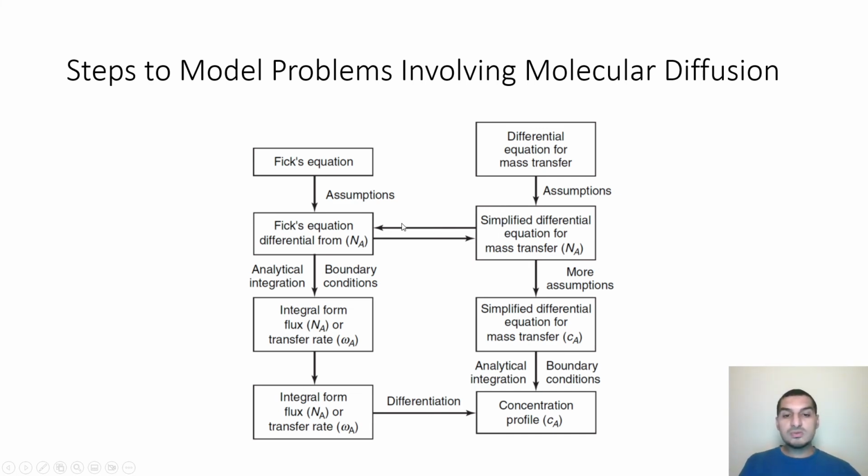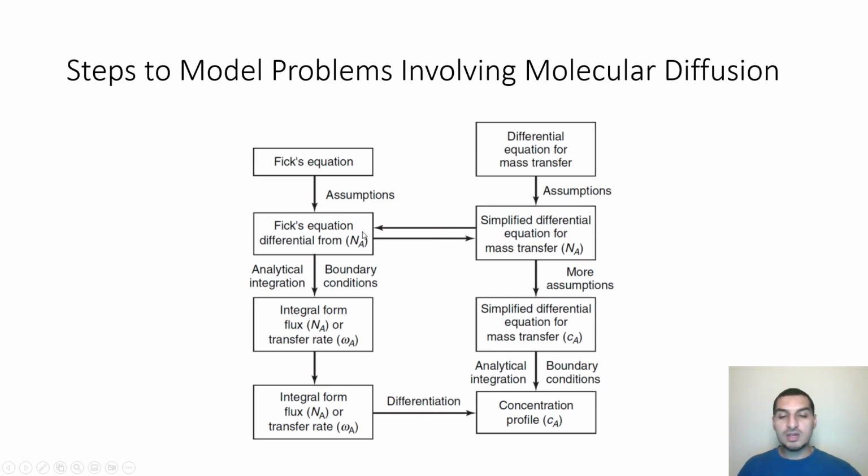The reason we sometimes go in this direction is because in some cases, for instance, if you have a steady state with no reaction, unidimensional, then the equation will end up to be dN by dZ equals zero. This is what you get, and in this case the flux equals constant, and this is all what you can get from this equation. So you cannot get anything more out of it. So in this case you go this direction.